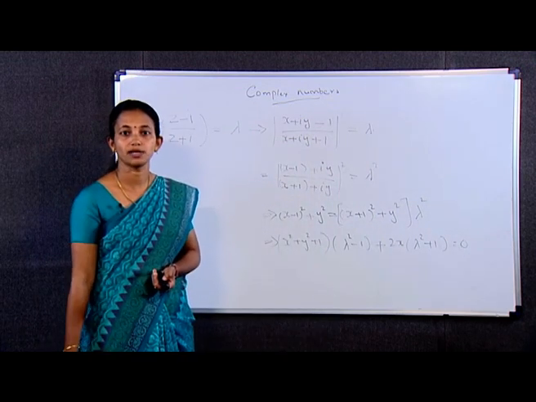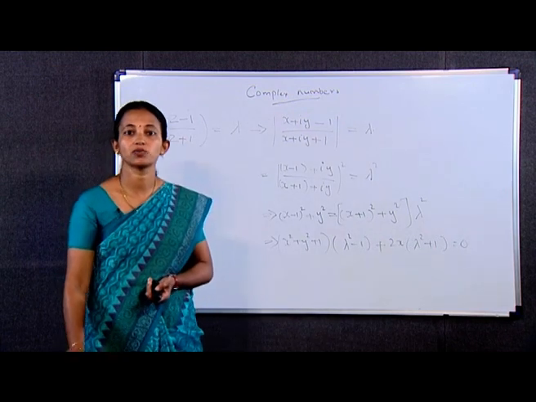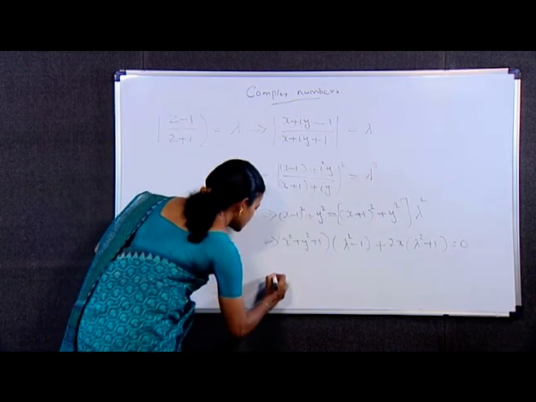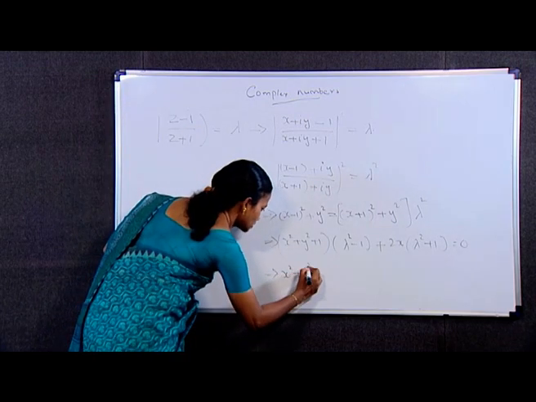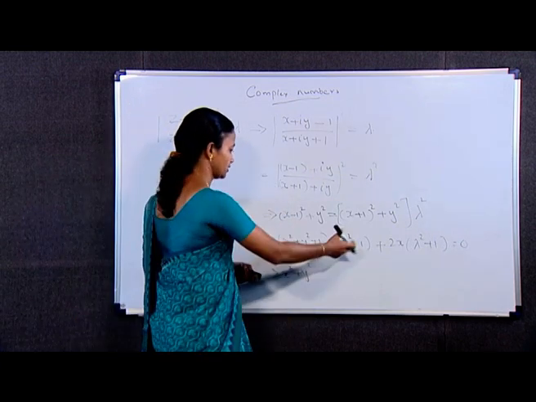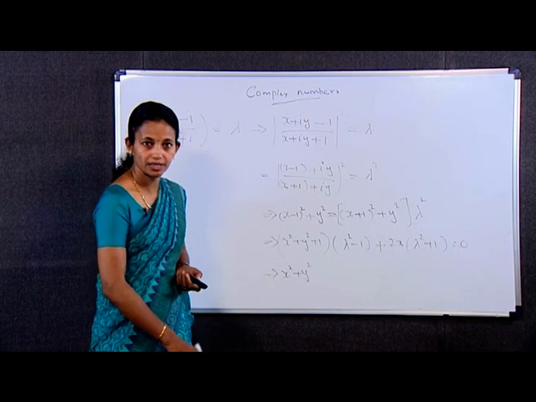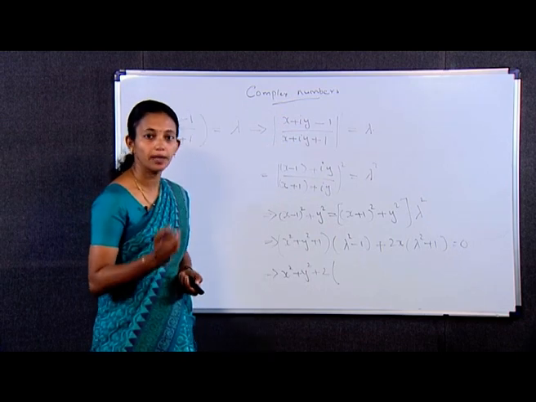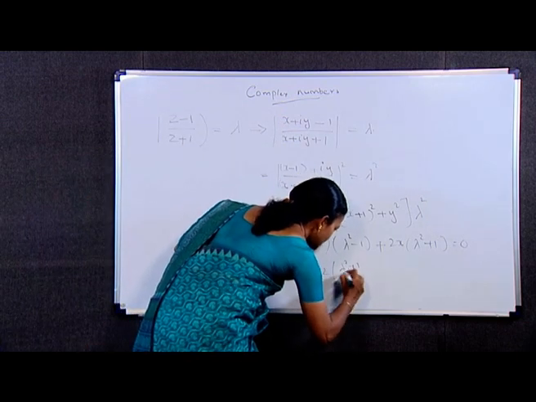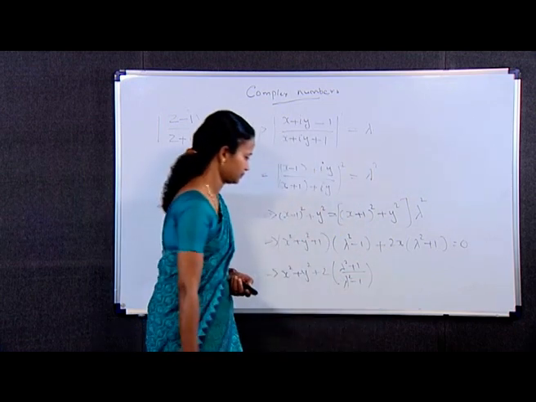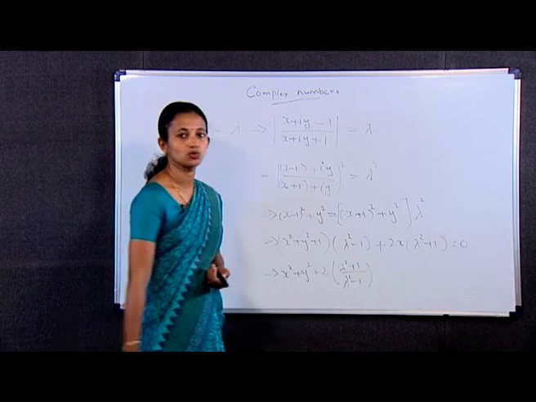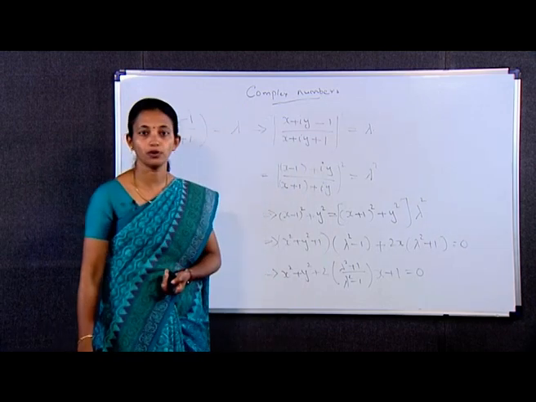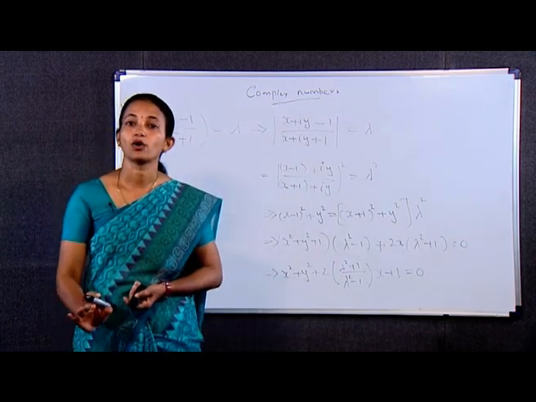That is, x square plus y square plus 2 times lambda square plus 1 by lambda square minus 1 into x plus 1 is equal to 0. We know this represents a family of coaxial circles.